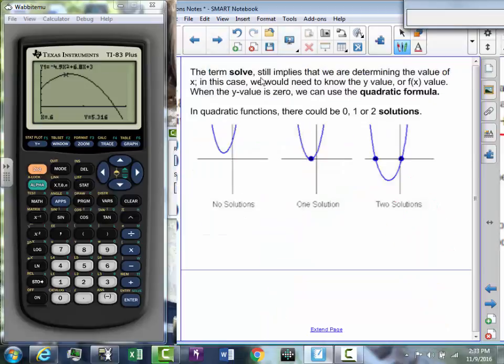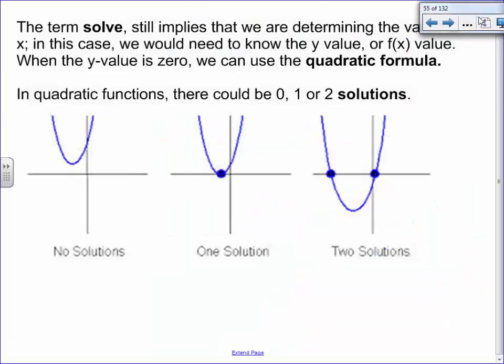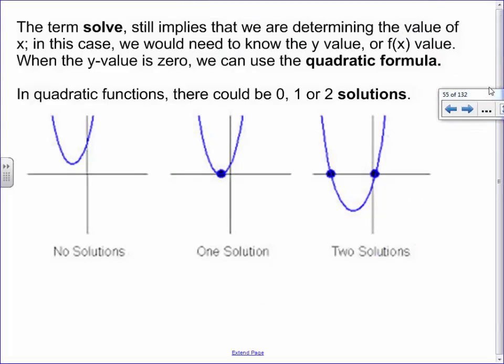Okay. Let's talk about a few other things here before I end this lesson. In terms of solving, if I ever ask you to solve, solve means look for the values of x. If it's equal to 0, the y value is 0, you can still use the quadratic formula. If you're in -2, I'm not going to make you do that anymore. We've covered our quadratic formula stuff, we're done with that.